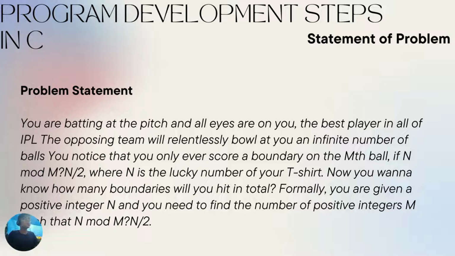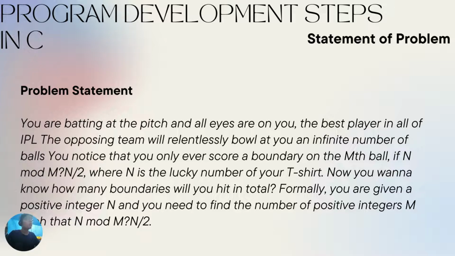You notice that you only ever score a boundary on the mth ball. Why not make it every ball? If n mod m ≤ n/2, now the question mark symbolizes nothing here, so I just assumed it represents less than or equal to, where n is my lucky number, which is printed on my t-shirt. So obviously it would be 7, which is my lucky number.